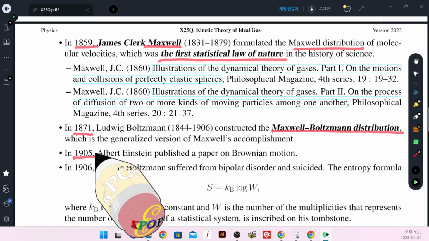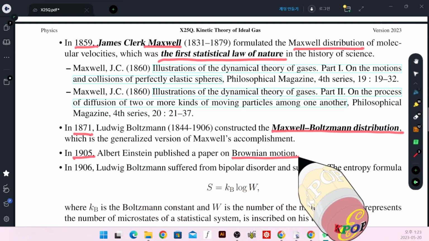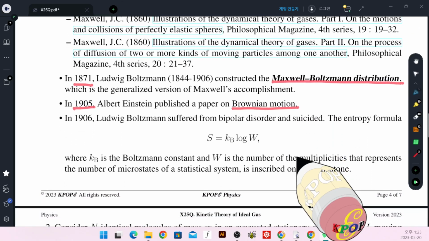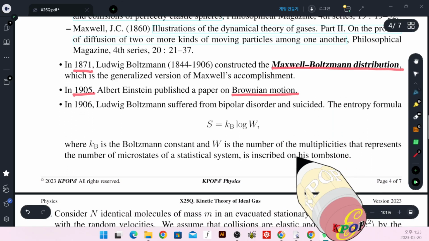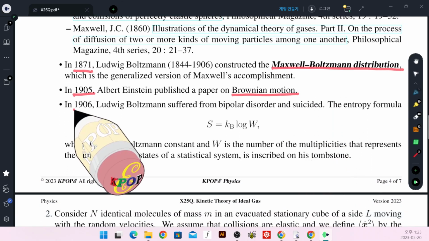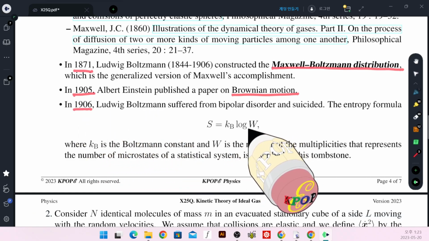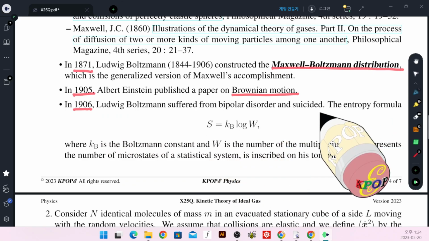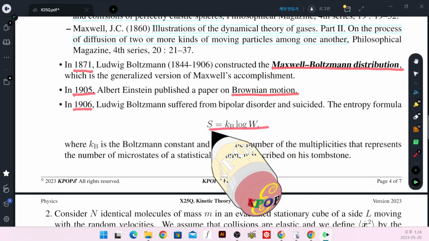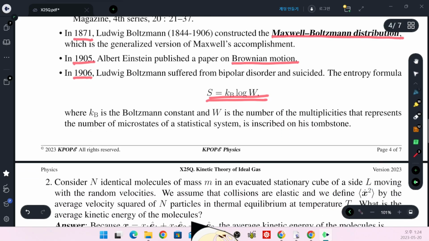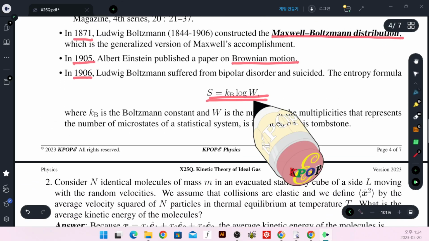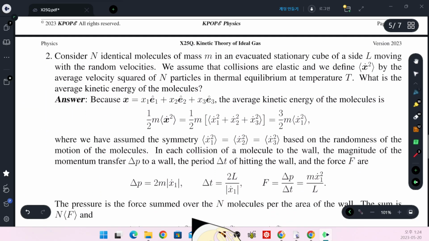In 1905, Albert Einstein published a paper on Brownian motion, regarding the diffusion of molecules. In 1906, Ludwig Boltzmann introduced the entropy formula. So we will work on the problem later.